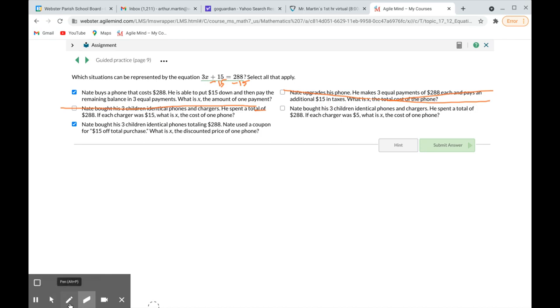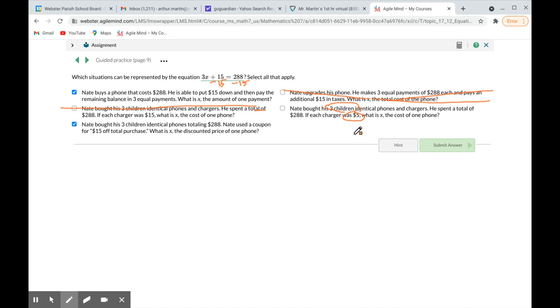So next one. Nate bought his 3 children identical phones and chargers. He spent a total of 288. If each charger is $5, what is x, the cost of the phone? Would that work? Yes, it could, because how many of these $5 chargers did he get? 3.